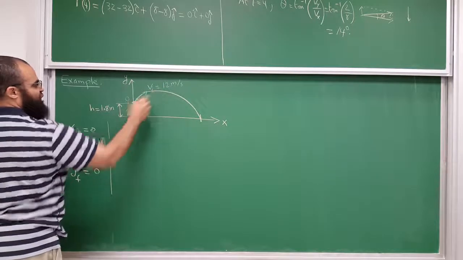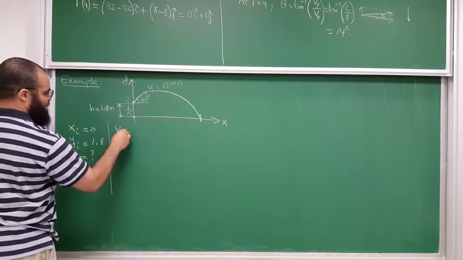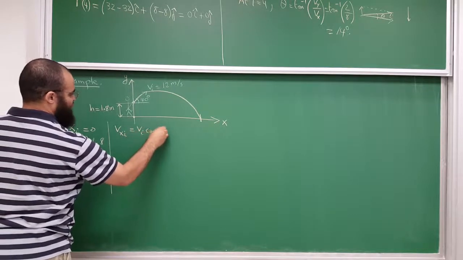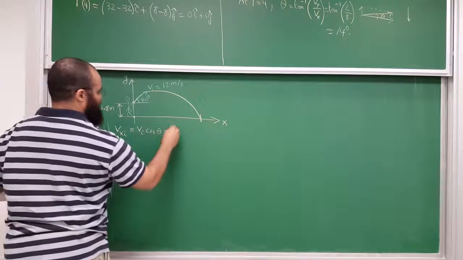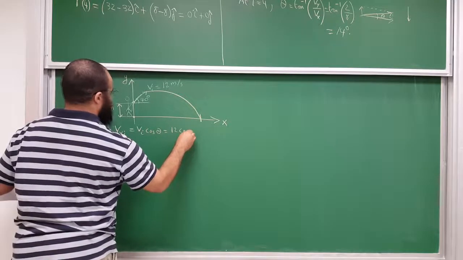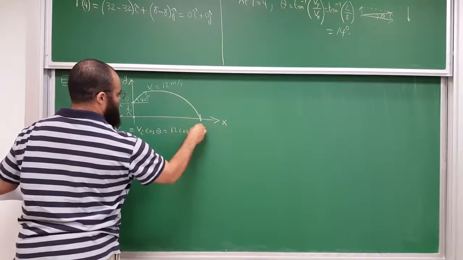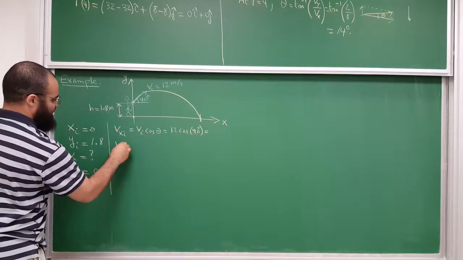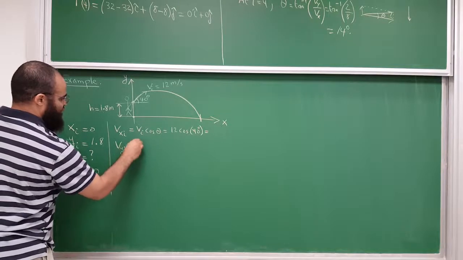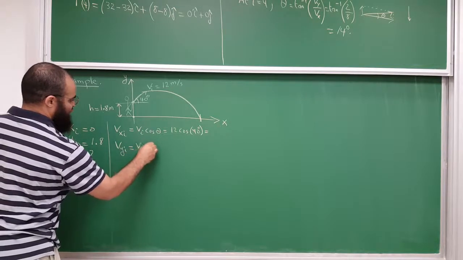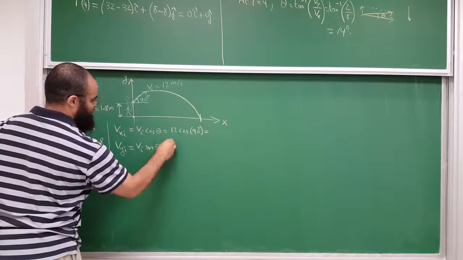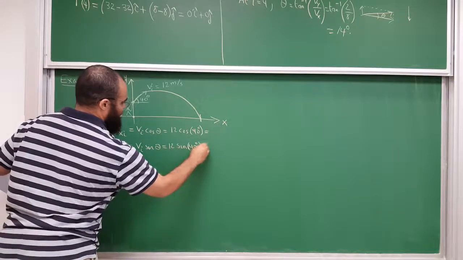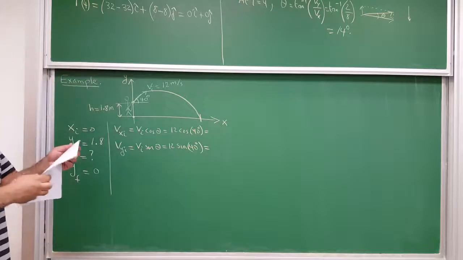V initial is 12 meters per second, so Vx initial will be V initial times the cosine of theta, and that is 12 times the cosine of 40 degrees. And then Vy initial will be V initial times the sine of theta, which is 12 times the sine of 40 degrees.